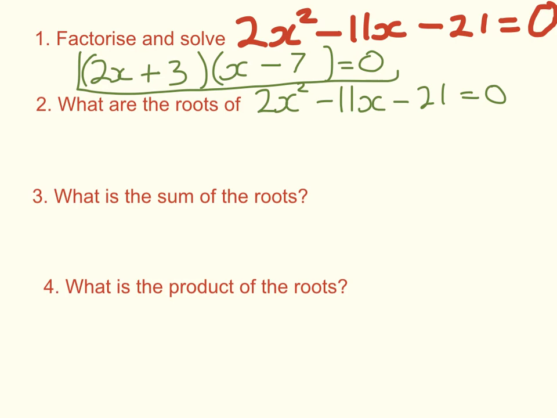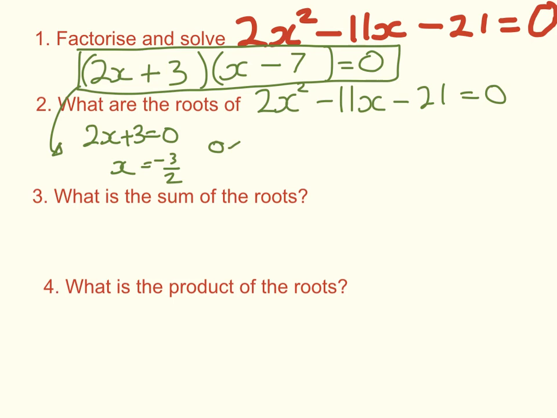Now, if that's not feeling easy by this point in the topic, you need to go into your Walker book and go over how to solve those types of quadratics. So that's the factorising. So my solutions are either 2x plus 3 equals 0, x is equal to -3 over 2, or x equals 7.